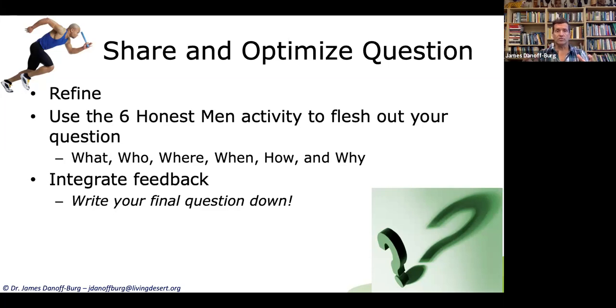Where am I going to do this? When will I begin the project? And when will I want to look at the follow-up if we're doing a follow-up? How will I do the question? How will I collect the data? How will I ask people to participate? Do I need to use incentives? A bunch of things that we'll talk about in future sessions. But think about that now. And why? Why am I asking this question?